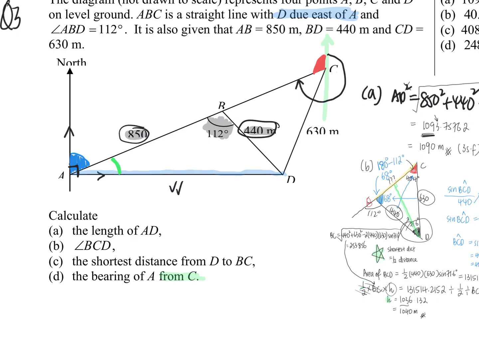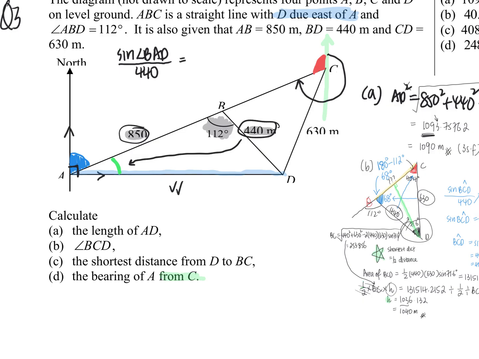Sine rule. So sine of the angle BAD over 440. The 112 and 85440. This is sine rule.